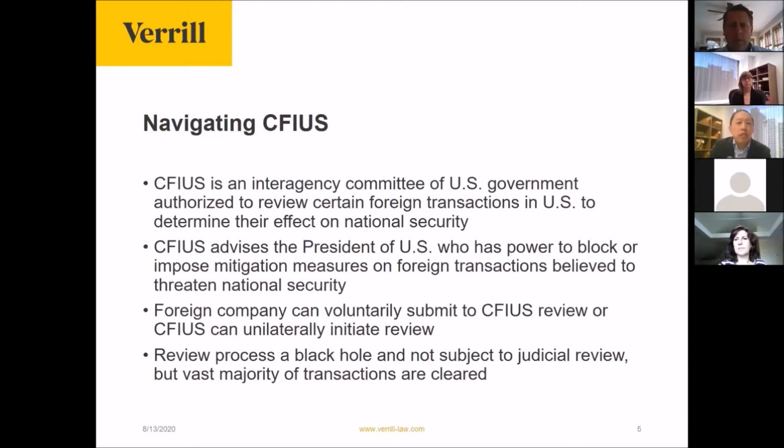Those are some of the things they can look at, but they're never very clear necessarily what triggers a block or not. The good news, however, is that CFIUS clears the vast majority of transaction reviews. So most of the time it runs its course and you get cleared.